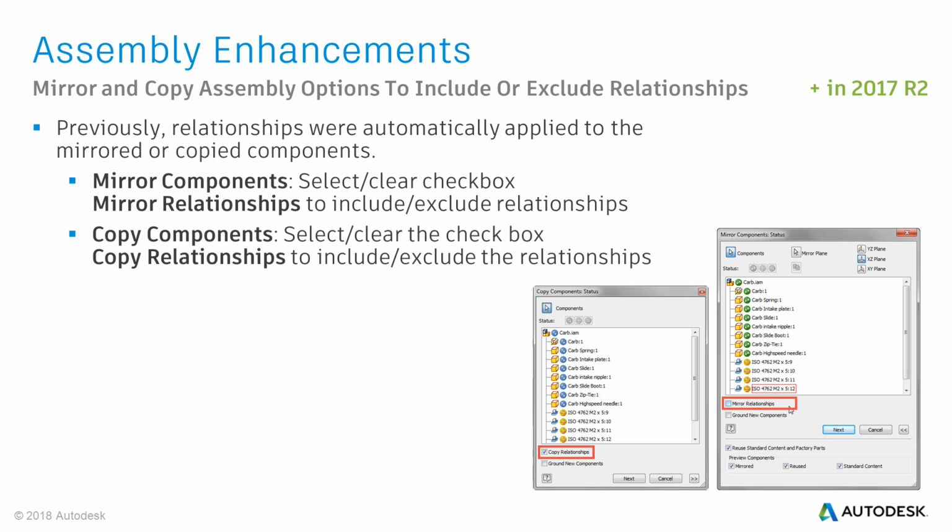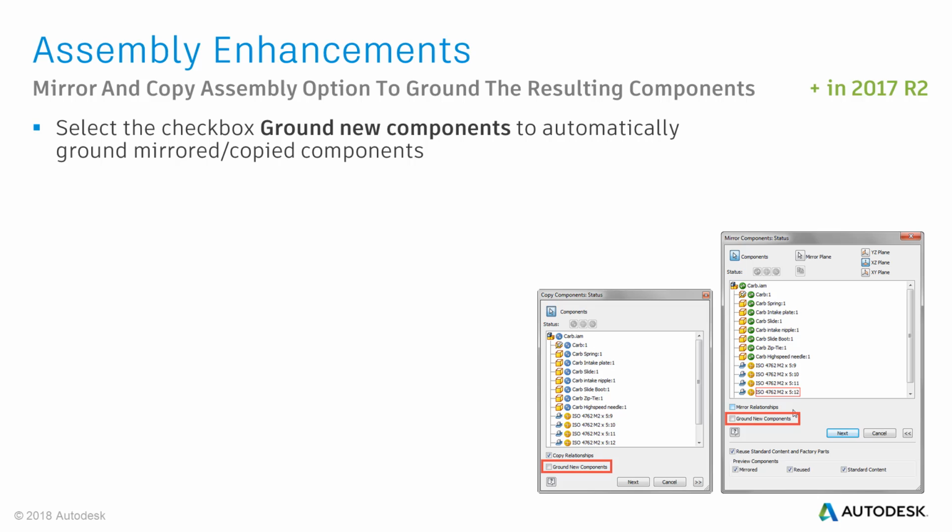Check or uncheck the checkboxes to include or exclude existing constraints during copy and mirror operations. The new option Ground New Components in the Mirror Components and Copy Components dialog boxes should also make your life a bit easier. This option automatically grounds the resulting mirrored or copied components.